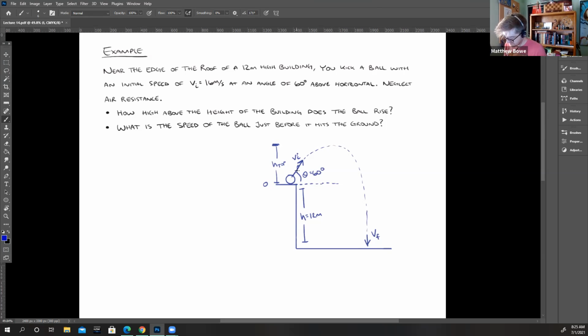Right at the top, for that split second, it is moving completely horizontally, and we're going to call that the velocity while it's at the top of the arc. All right, so we have a picture with a lot of the information from the problem. We want to know height and velocity.